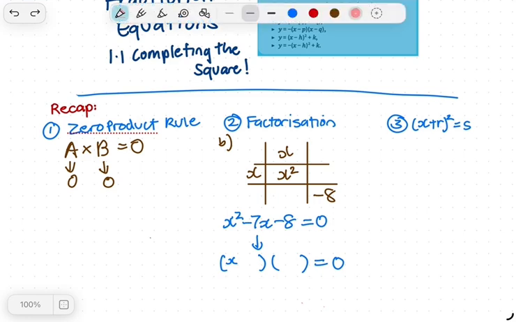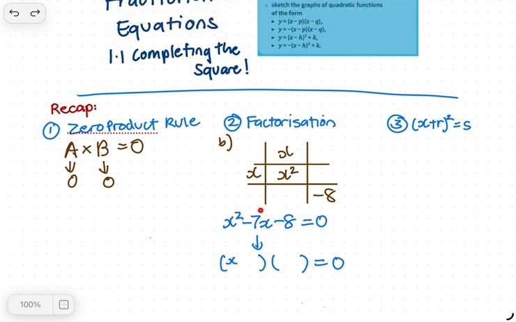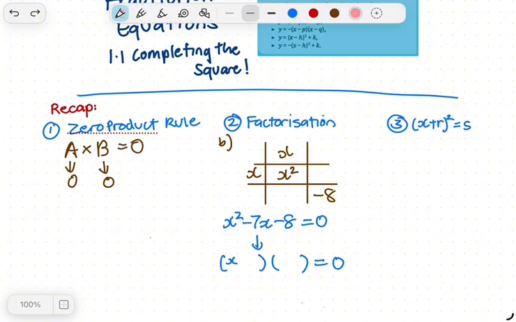From there, we want to get a negative 7x. And how do I get negative 7x? Which means these two boxes must equal negative 7x. So how do we get that? Well, we break 8 into its factors, which includes 1 times 8 or 2 times 4.